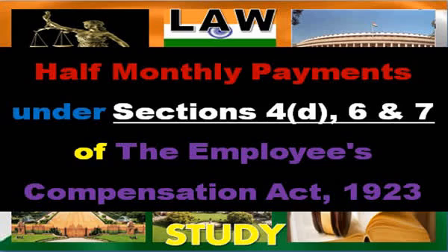Subsection 1b. The central government may, by notification in the official gazette, specify for the purposes of subsection 1 such monthly wages in relation to an employee as it may consider necessary.